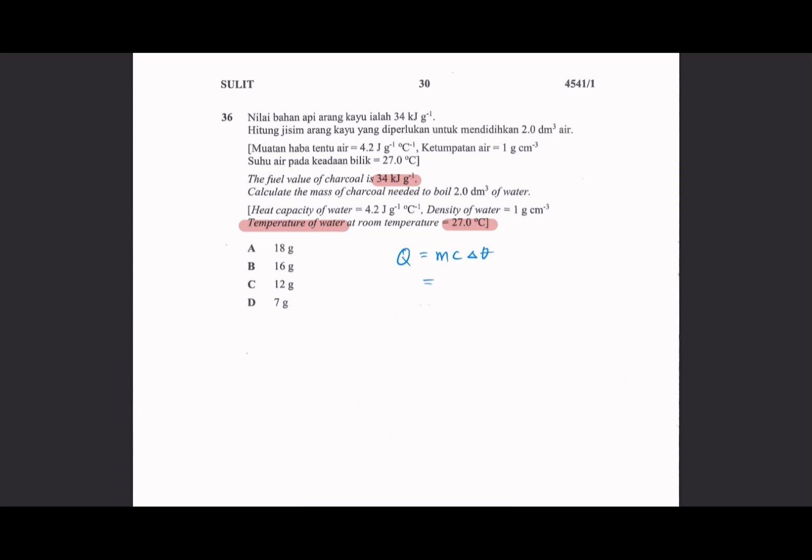The mass: we have 2 decimeter cube. 1 decimeter cube equals 1000 centimeter cube, so now we have 2000 centimeter cube. The c is 4.2, and the change of temperature: the boiling point of water is 100, so 100 minus 27.